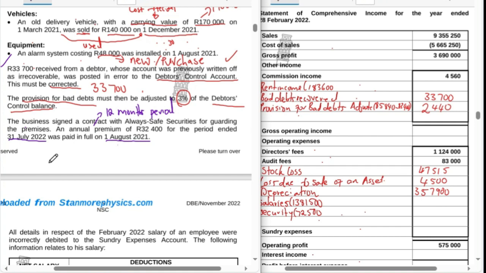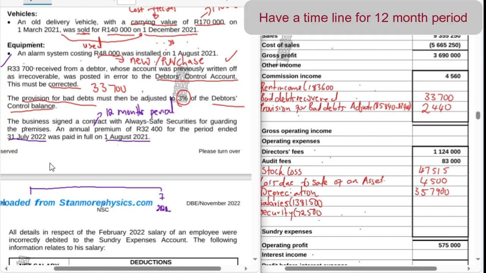So in our financial timeline, we are going to say that February is the end of our financial year 2022, and then it started in March 2021. March, April, May, June, July, August, September, October, November, December, January. 12 months period. 1, 2, 3, 4, 5, 6, 7, 8, 9, 10, 11, 12.